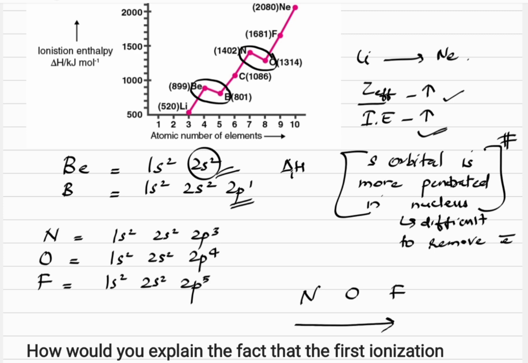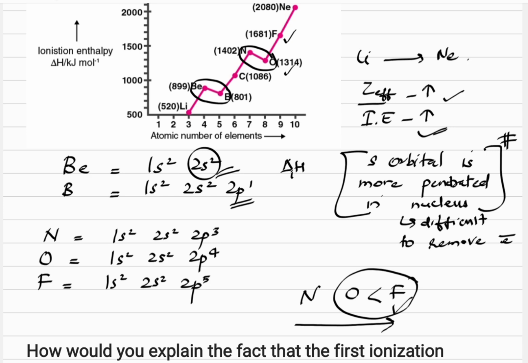Going from left to right, Z effective increases and therefore ionization energy increases, and that is why fluorine's ionization energy is going to be higher than that of oxygen's ionization energy. Okay, that is fine. That is what we expect. But how come nitrogen's ionization energy is higher than that of the oxygen?